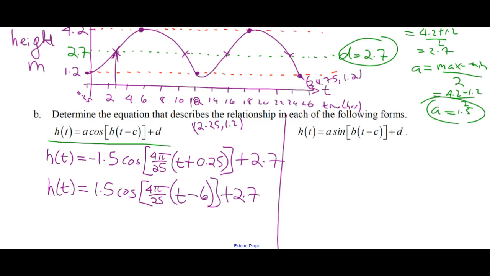So what's this? I'll put in the other stuff, right? It's just a sine function. So 1.5 sine 4 pi over 25 t. It's going right, so it's minus, and it's not 3. Not exactly 3. Well, isn't it 6 minus 0.25?